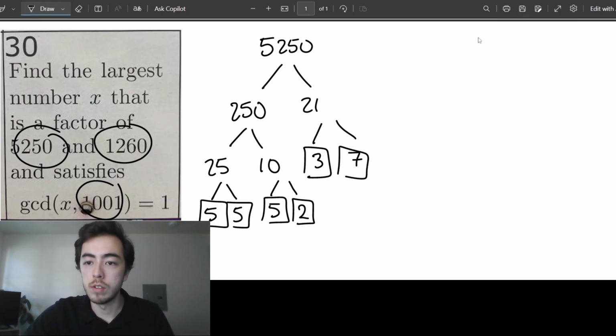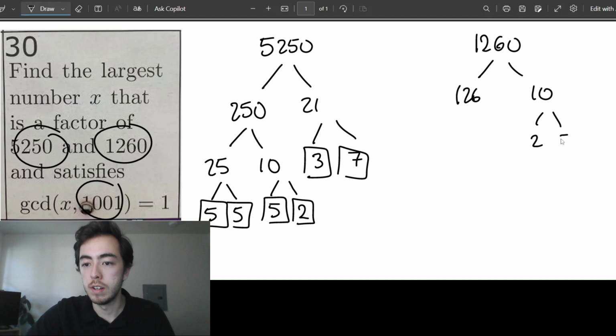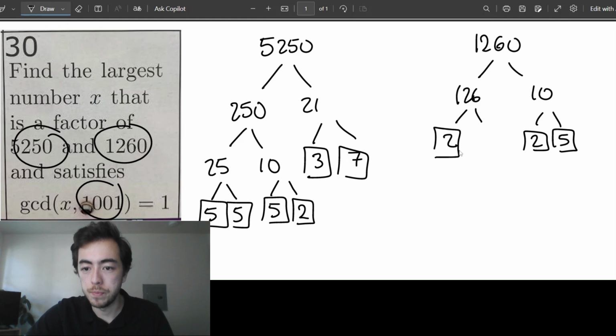Let's do the same thing to 1,260. I think I'll also opt to just do 126 and a 10, break up the 10 into 2 and a 5. And then now we need to factor 126. I guess I could just split it in half. That's going to be 2 times, I think that's 63. 63 is a multiple of 9.